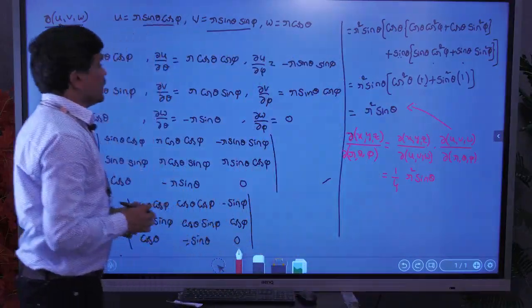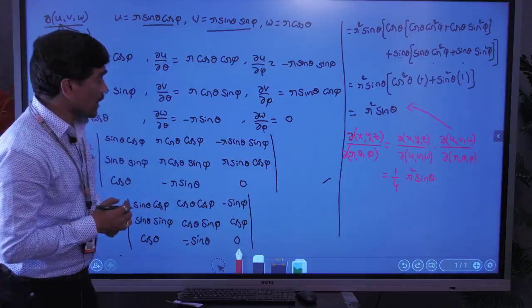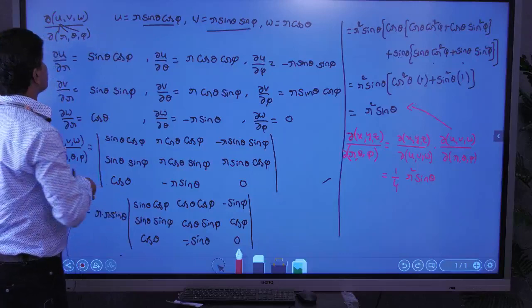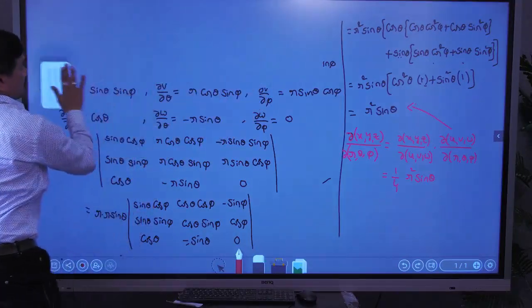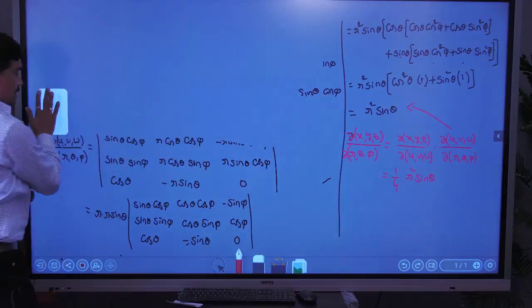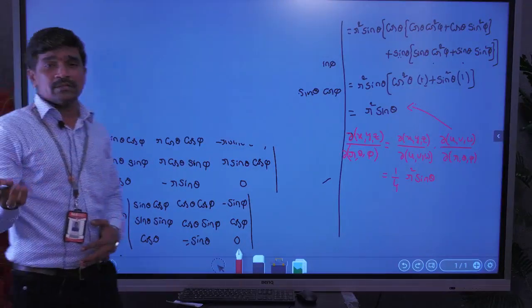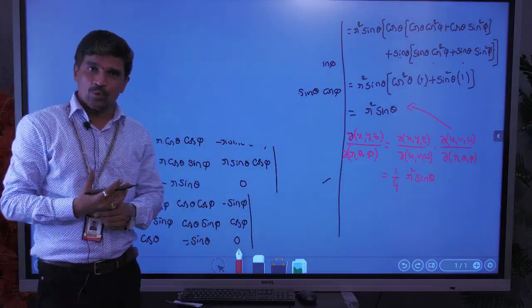So this is the example problem on the Jacobian property. Similarly we can find some problems. In the last class we discussed x is equal to e power r secant theta, y is equal to e power r tan theta, then prove that J dash is equal to 1.